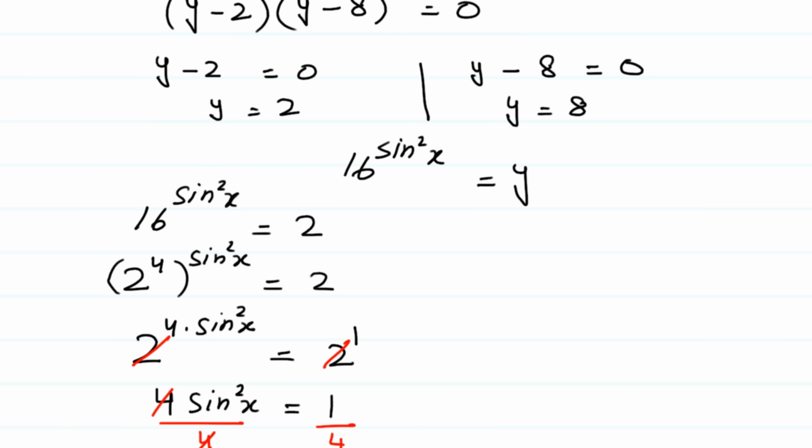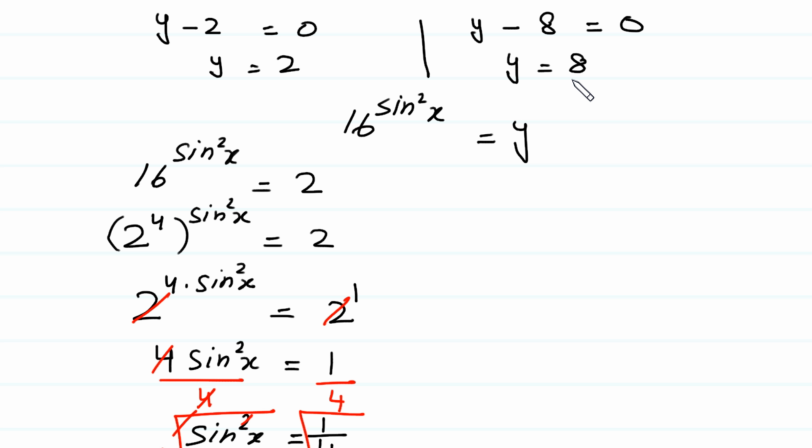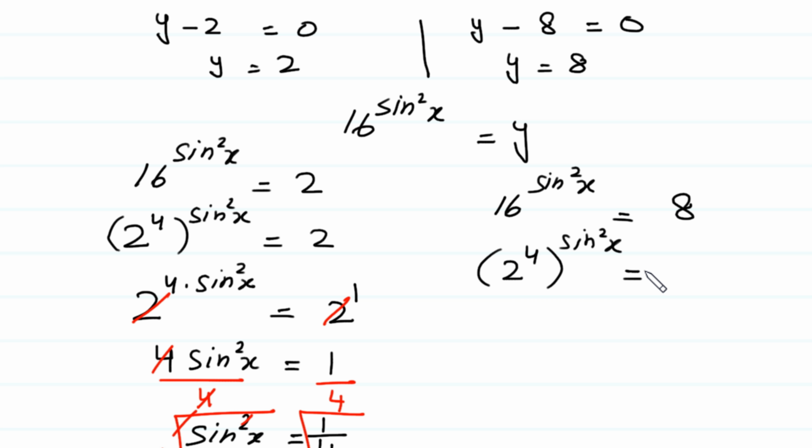Now we put the value of y 8 in this equation. 16 raised to power sine square x is equal to the value of y is 8. Next, this 16 can be written as 2 to the power 4 to the whole power, this power sine square x is equal to, and 8 can be written as 2 to the power 3.